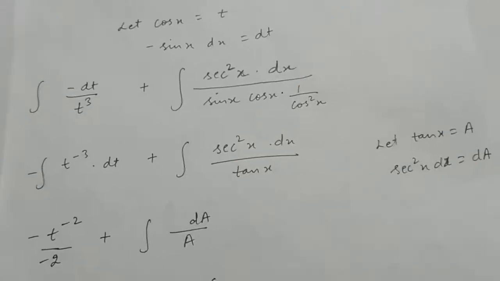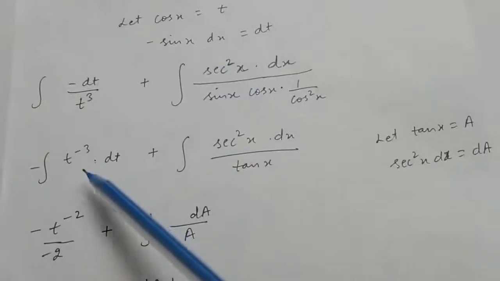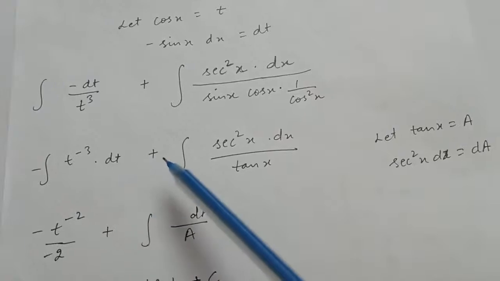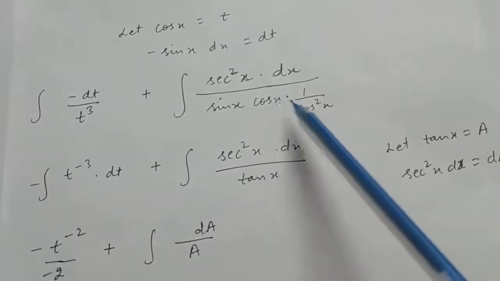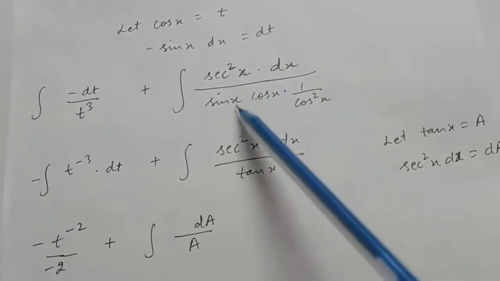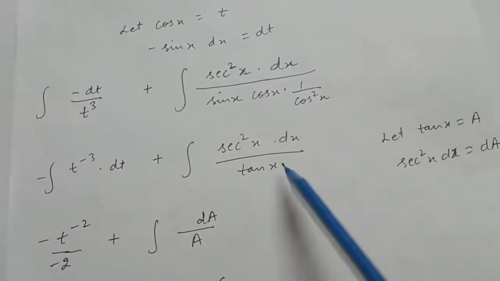Now this integral can be written as minus integral of t raised to the power minus 3 into dt plus secant square x as it is. Now see, 1 cos x will get cancelled, then sin x upon cos x will be tan x.